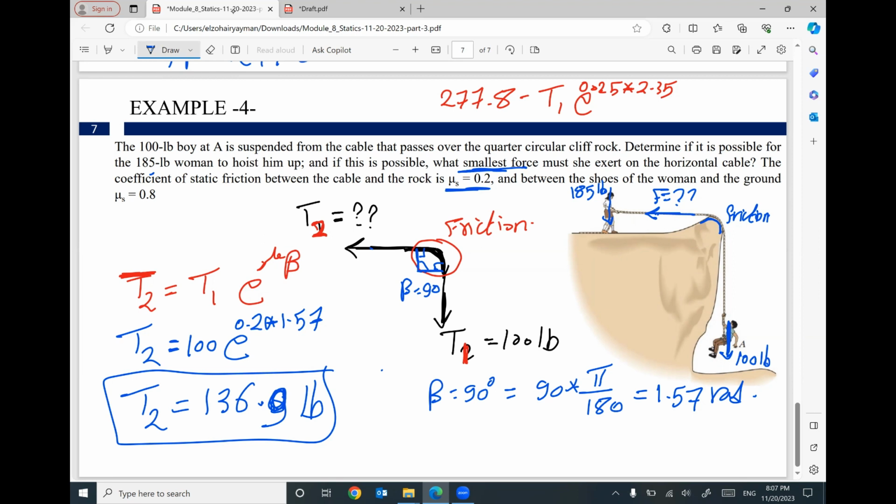This woman needs to apply a force here equal 136.9 pound. If the woman applied this force to hold this person, do you think the woman will slide or not?